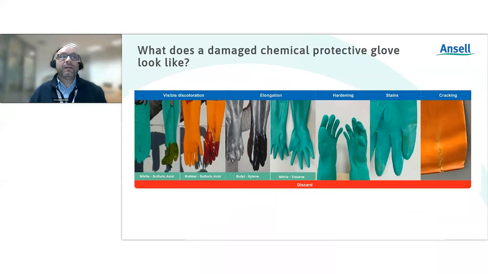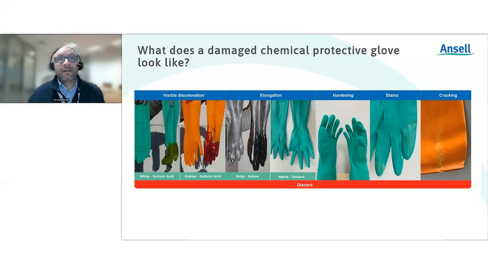Before I explain what the breakthrough time is, here are some pictures. If you are doing your safety gemba, your daily safety work, or training your operators, please have a look at the gloves. Here I just highlight chemical gloves, but in general check all other gloves, the mechanical gloves, or all the PPE.